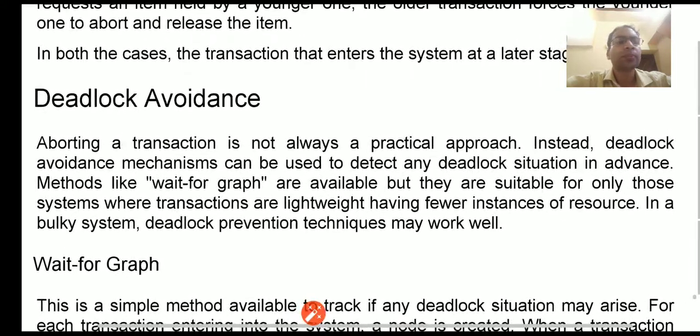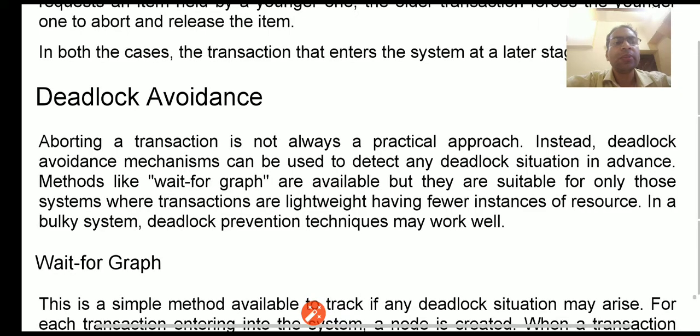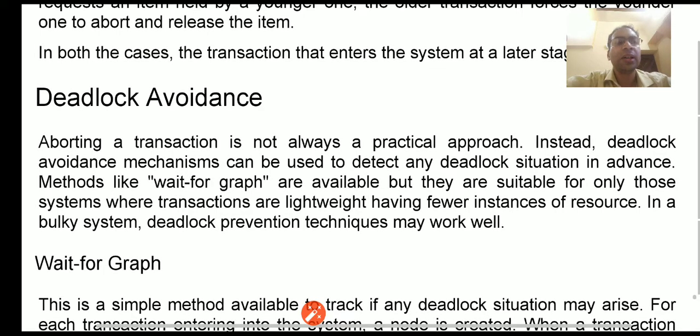In deadlock avoidance, we try to detect the situation in the future where a deadlock can occur with the help of a wait for graph. So we create a graph known as the wait for graph, and according to the graph we try to recognize whether there will be a deadlock in the future or not.